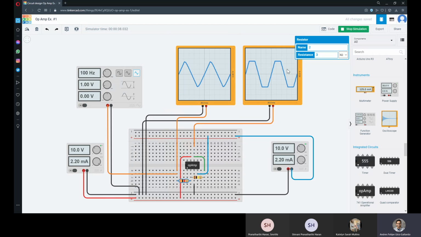Either it's the 5 volts from your Arduino, or the 9 volts from a battery, or whatever number you set up your power supply to. So if you amplify beyond the point where you're surpassing your power supply, then you run into this situation where you're cropping your signal.